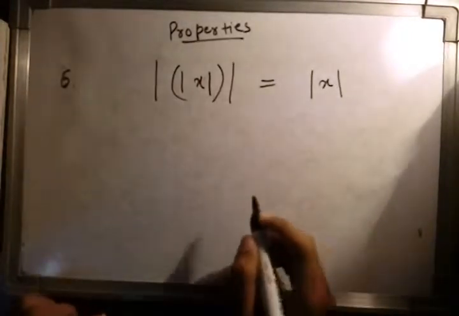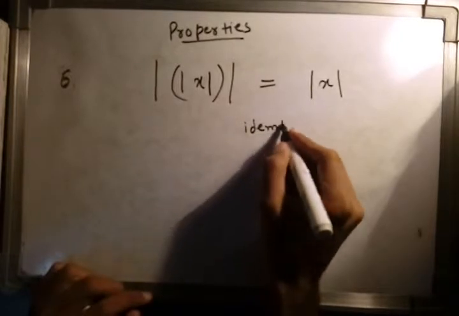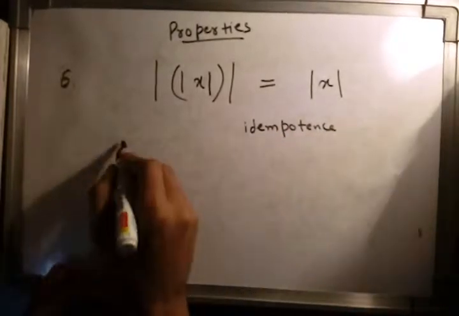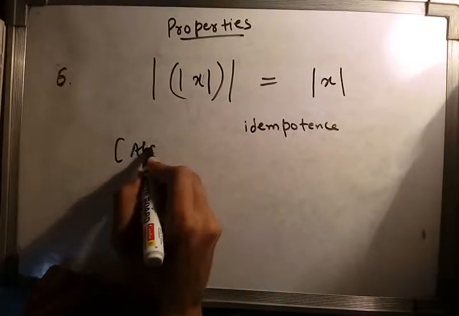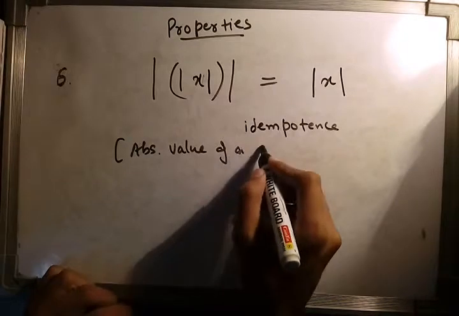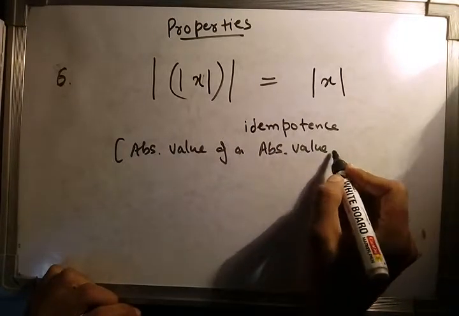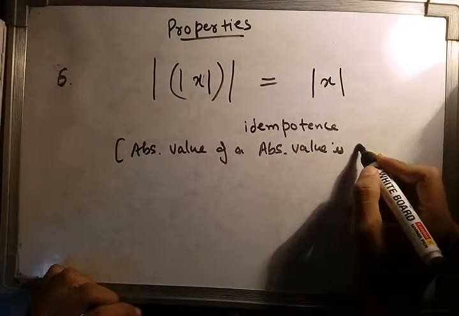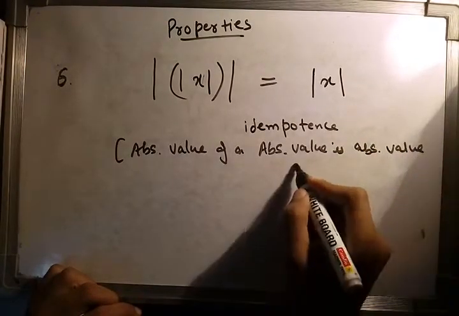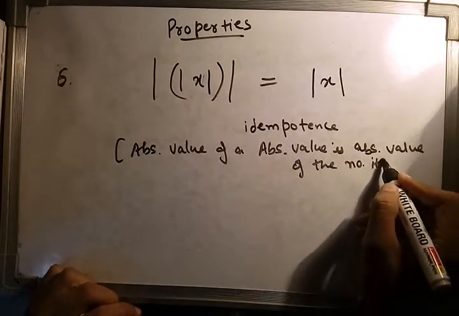This is called idempotence, which says the absolute value of the absolute value of a number is the absolute value of the number itself.